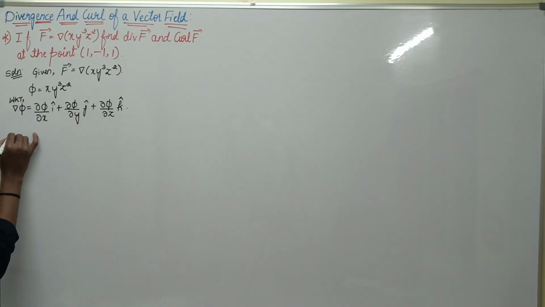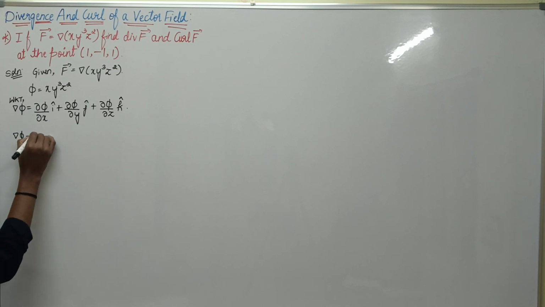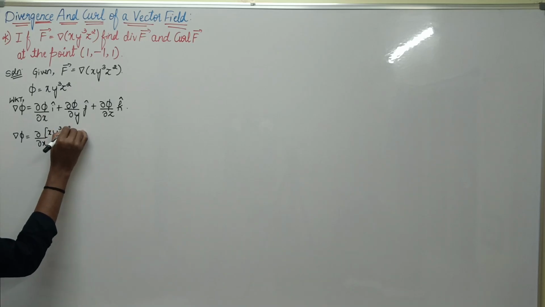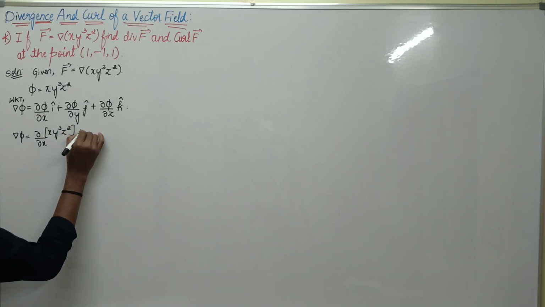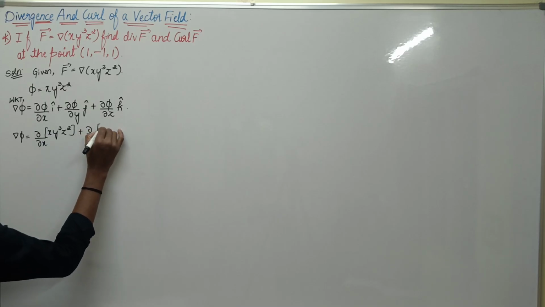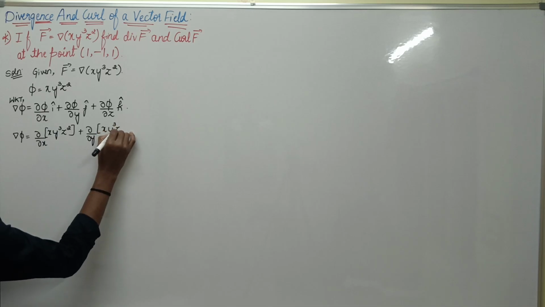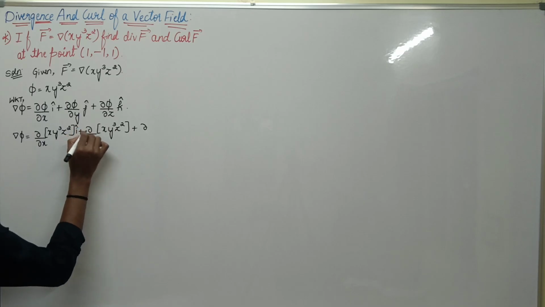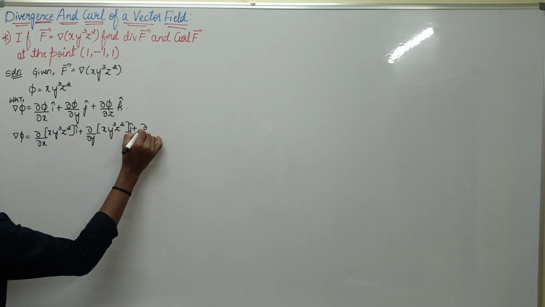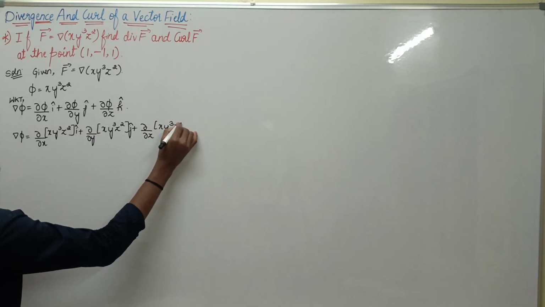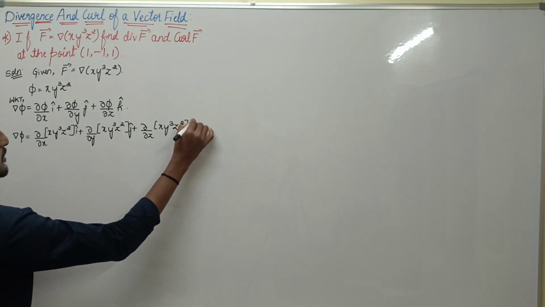Gradient phi is equal to dou by dou x of x y cube z square, plus dou by dou y of x y cube z square, plus dou by dou z of x y cube z square, with respect to i cap, j cap and k cap respectively.